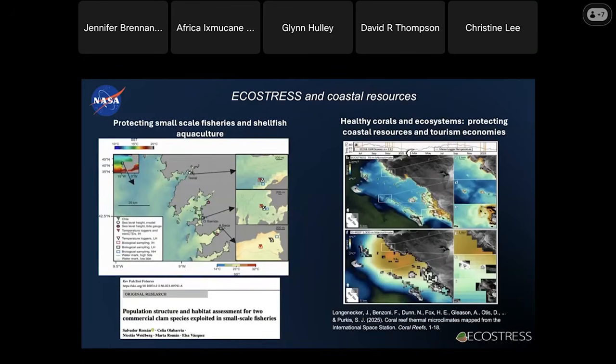We have also been leveraging ECOSTRESS 70-meter data to look at coastal resources. So here are a couple of examples using that 70-meter surface temperature information over aquatic regions to better understand the status of aquaculture condition for small-scale fisheries, as well as for looking at healthy coral ecosystems, which could be highly relevant to supporting coastal resources and tourism economies.